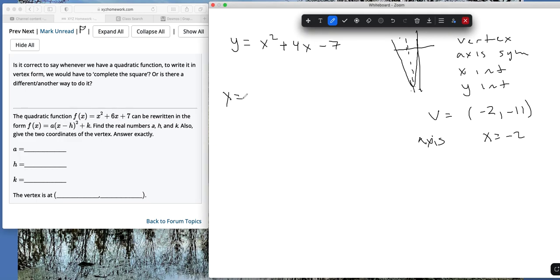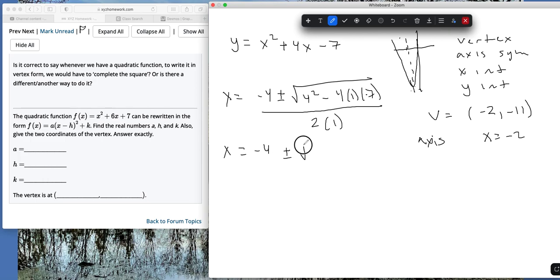We would say x equals negative b, negative 4, plus or minus the square root of 4 squared minus 4ac, so 4 times a is 1 times c is negative 7, excuse me, and then all over 2a, so 2 times 1. So x equals negative 4 plus or minus the square root of 16 plus 28, which is 44. Okay, so this one does simplify.